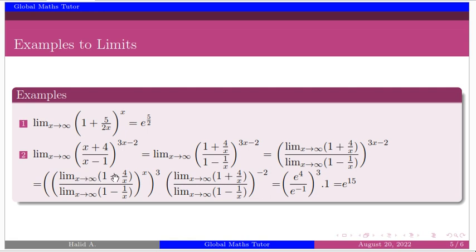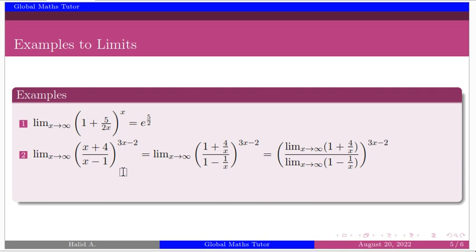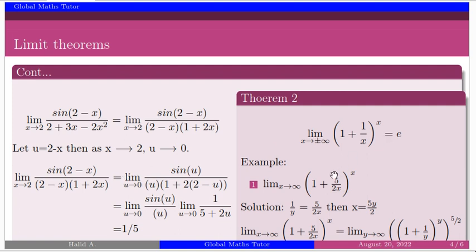After that, we can find the limit as x approaches infinity of (1 plus 4 over x) to the power of x. This is the same as finding as before. Let's see before, when there was 5 over 2 here, the answer was e to the power of 5 over 2.